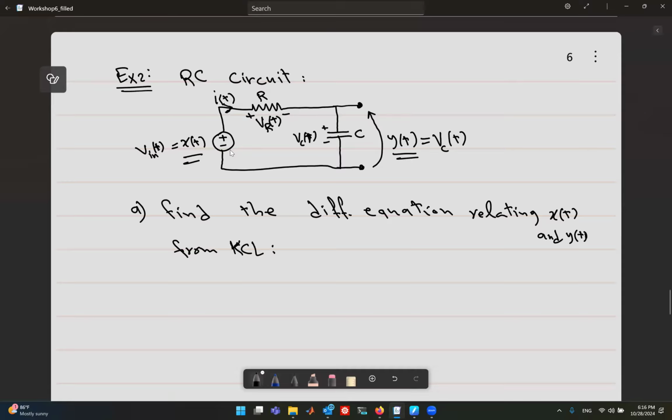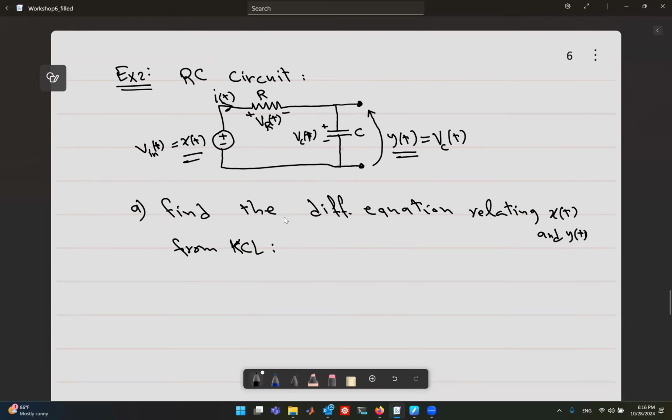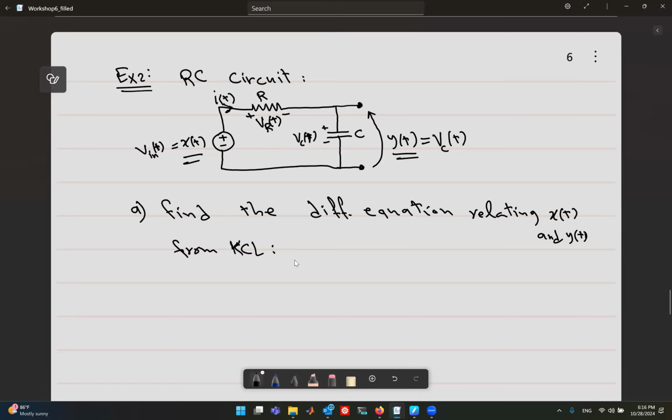The same current i(t) will flow through the resistor and the capacitor. It is the same through R and C.